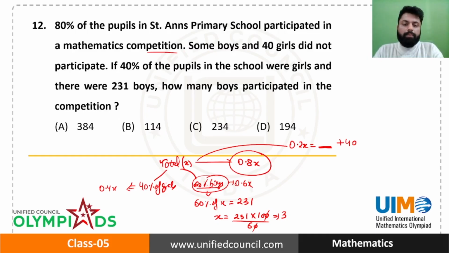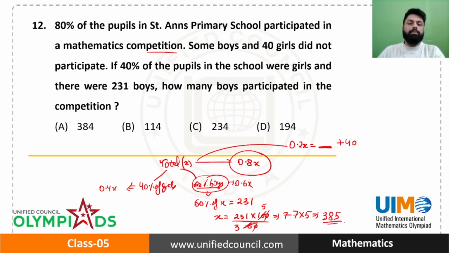So, see, 231 is equal to the 60% of the people. So that is 100 divided by 60. Then 0 will get cancelled out. Now 3 multiplied by 7 is 21. Then again 7. So 77 into 5. This is 385.